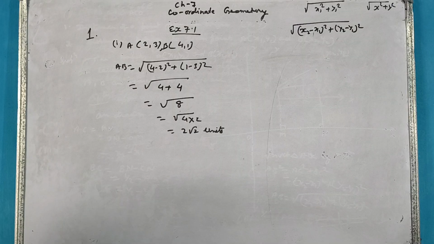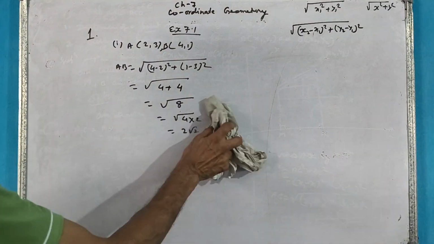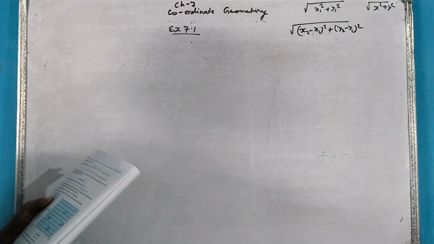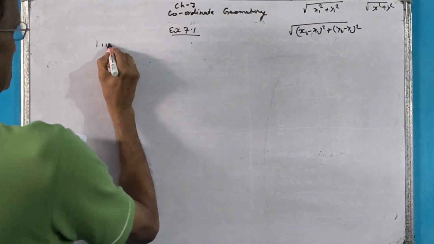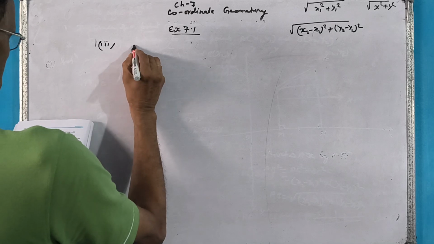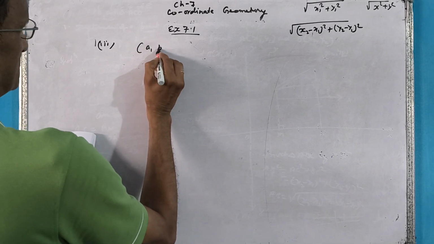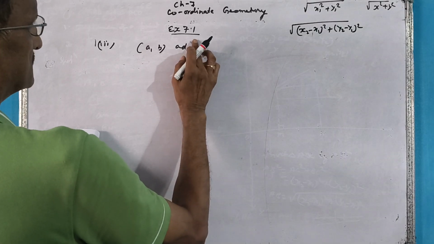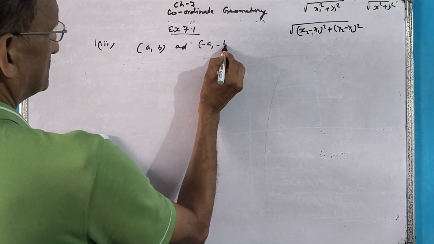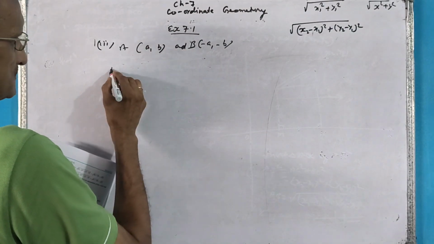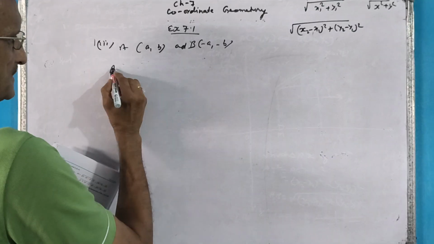Exercise 7.1, number 1, Roman 3. Number 2 is the same. The points are A, B and minus A, minus B. So let those points be A and B. We need to find the distance between the two given points, that is AB.